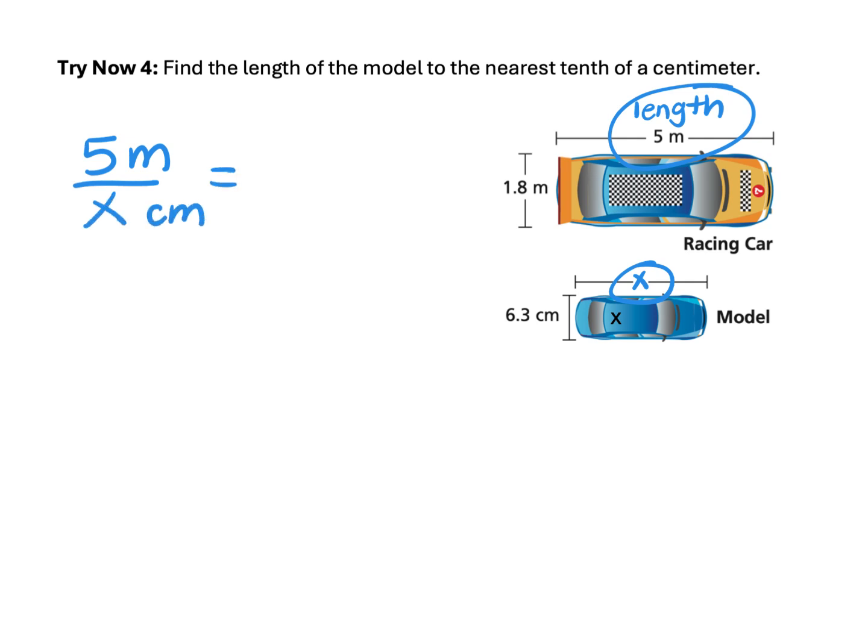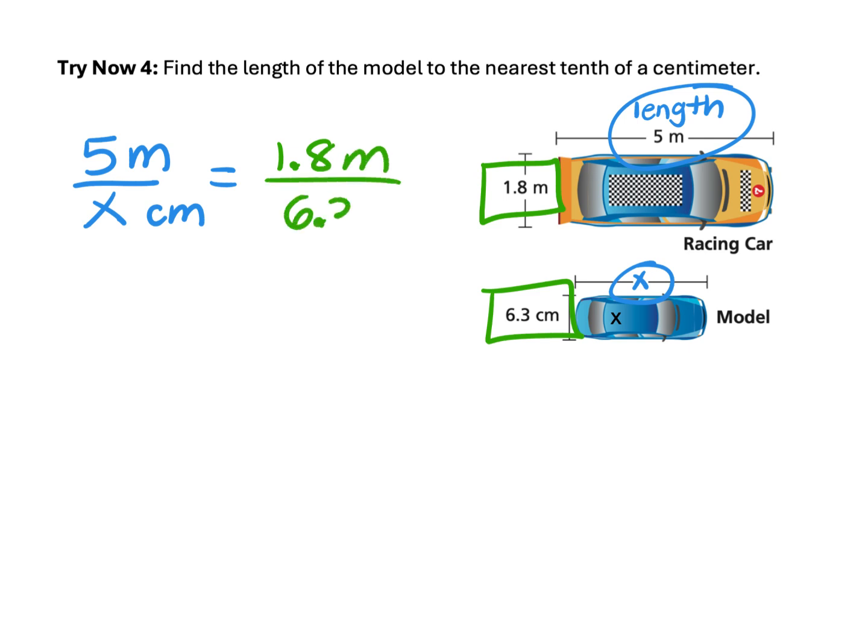And then the 1.8 meters, the width of the thing, matches with 6.3 centimeters. Notice how my units line up. So I have meter, meter, centimeter, centimeter. And I went the same direction both times. So 5 over x, 5 is the top, x is the bottom, 1.8, 6.3, top, bottom.